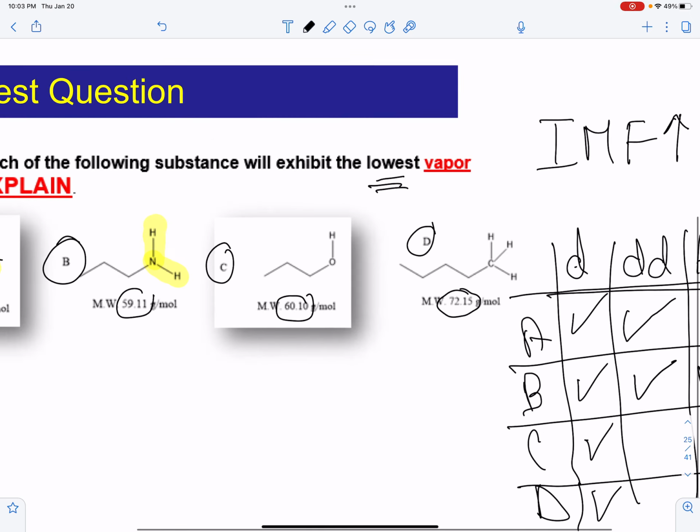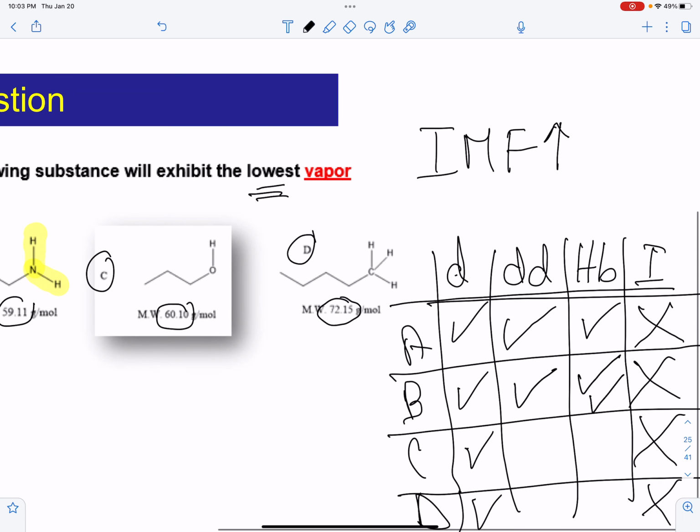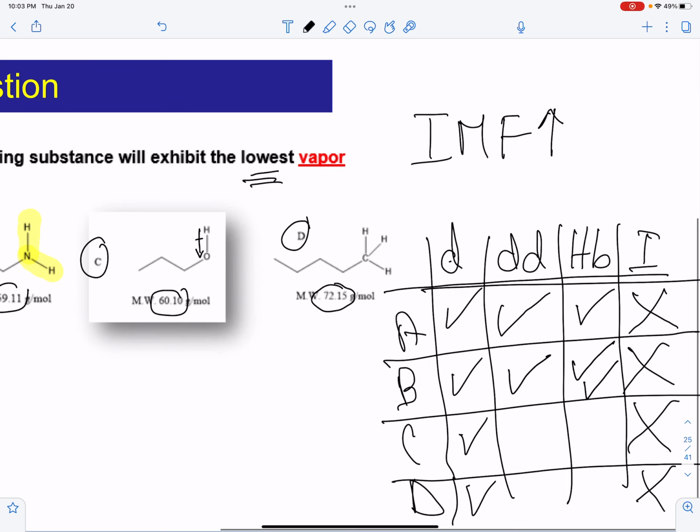When we look at number 3, once more, this is going to be a polar molecule, so it's going to have dipole-dipole. It has OH, so therefore it will definitely have hydrogen bonding.